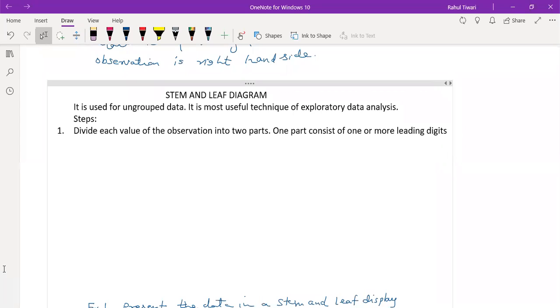Leading digits as stem, and the rest of the digits as leaf.